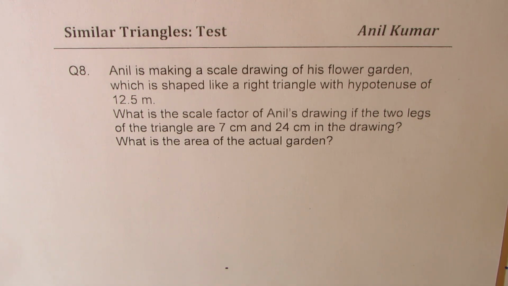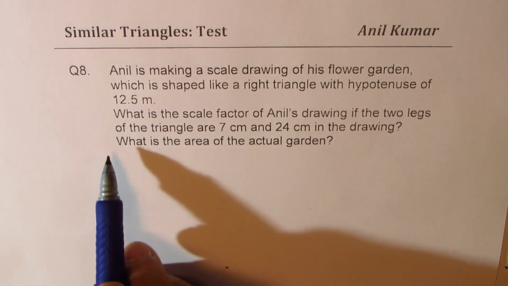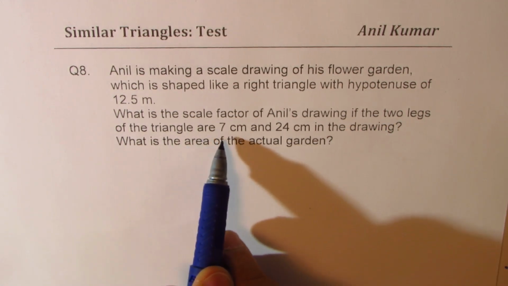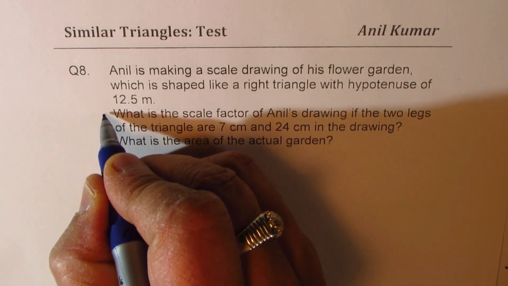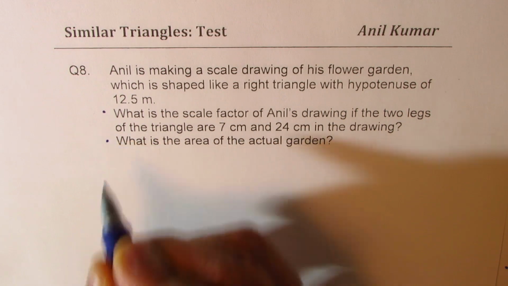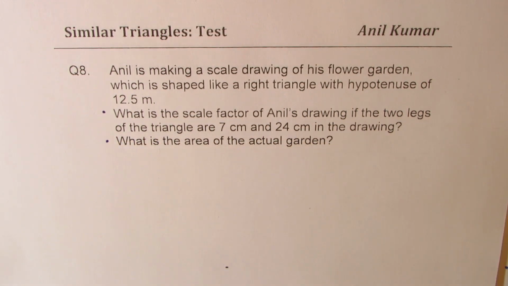Anil is making a scale drawing of his flower garden, which is shaped like a right triangle with hypotenuse of 12.5 meters. What is the scale factor of Anil's drawing if the two legs of the triangle are 7 centimeter and 24 centimeter in the drawing? So that is the first part. And the second part of this question is, what is the area of the actual garden?